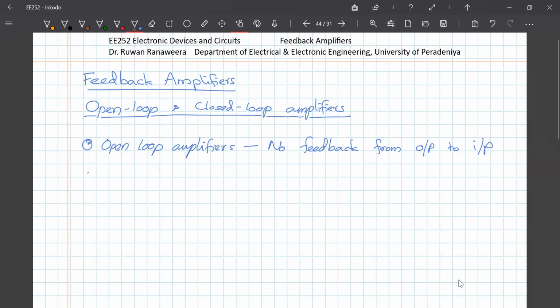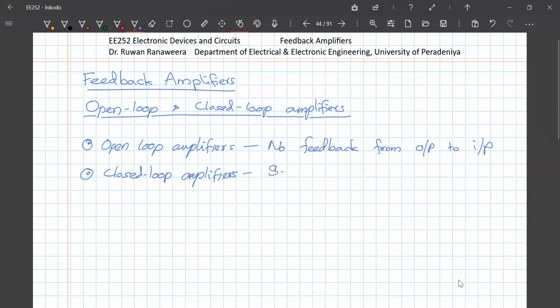So the second type, which is very important, is called the closed loop amplifiers. Now they use some of the output as feedback to the input.